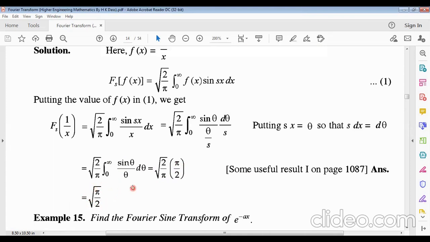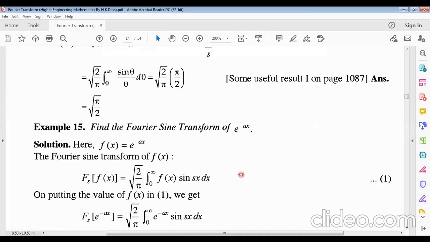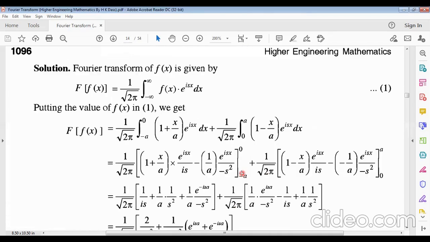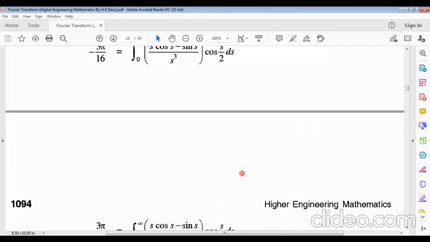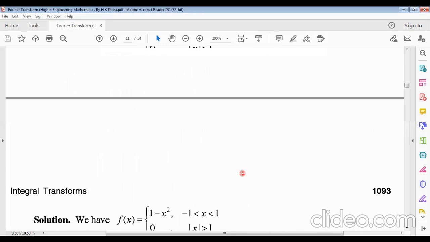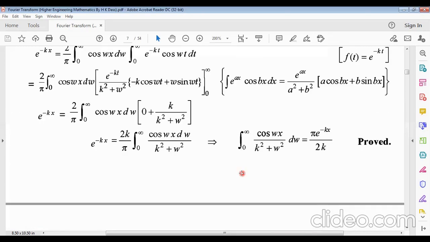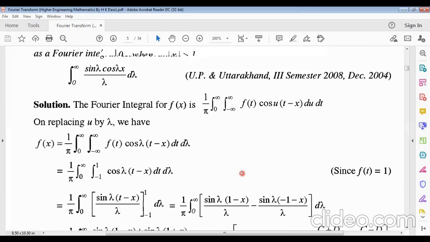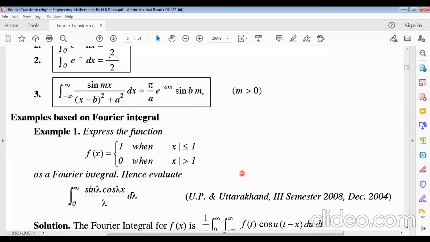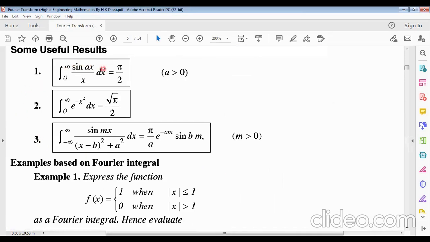This is the result. The standard integral, 0 to infinity sine x by x dx equals pi by 2, is what we used in this example.